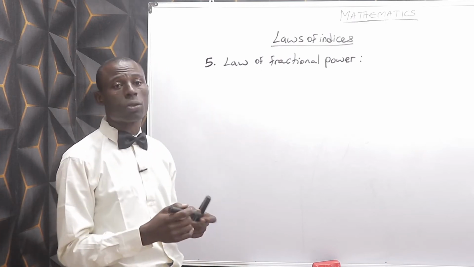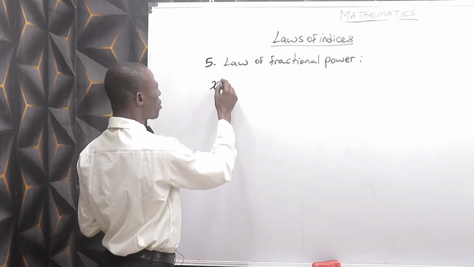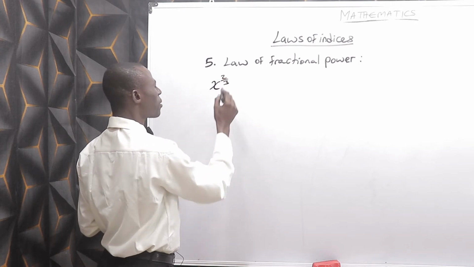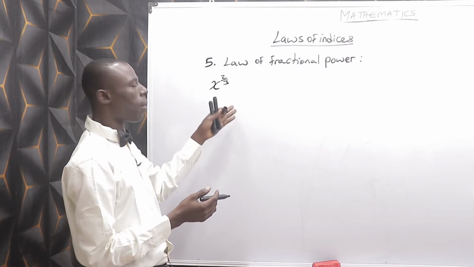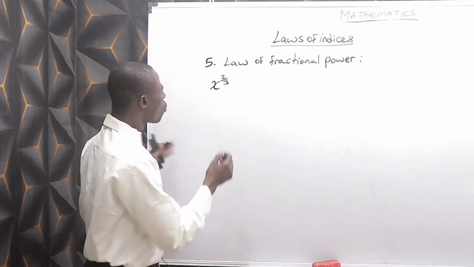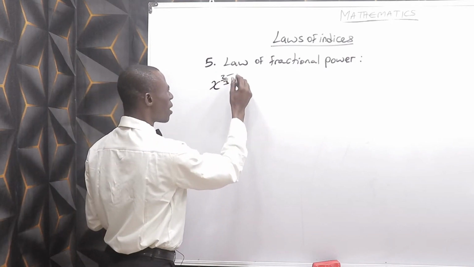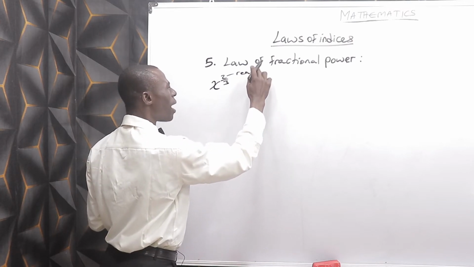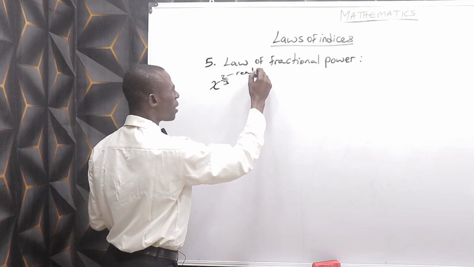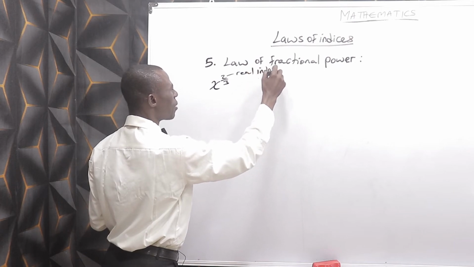That is what we want to look into here. X raised to power 2 over 3. X is the base number with the fractional power 2 over 3. We see the 2 here as the real power. As what? The real exponent or the real index.